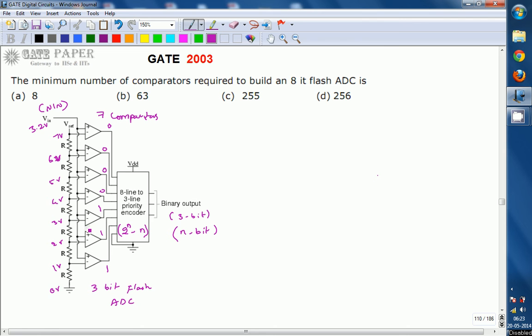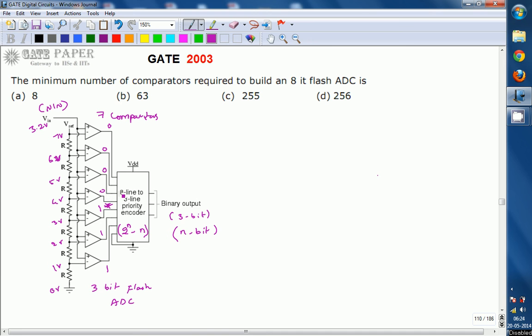Now this priority encoder is having the 1 outputs for the lower 3 comparators, and 111 will have the highest priority. This 1 is marked with an asterisk, which implies it has the highest priority among the 3 ones.